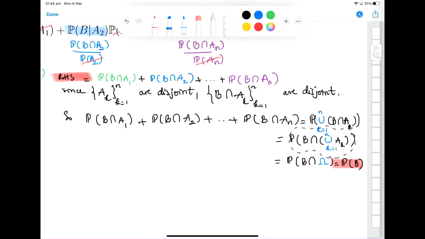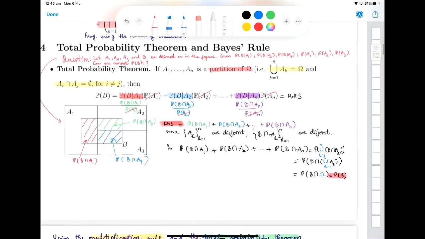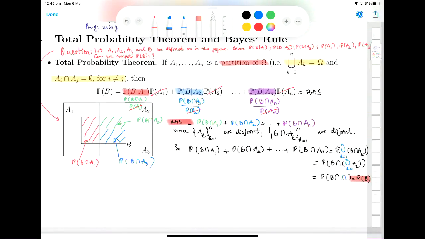And because the union of AKs is omega, because AK is the partition, the union is omega, and B intersect with omega is B. So this one is probability of B. So at the end I can prove that the right hand side equals probability of B, which means that you have this equality.